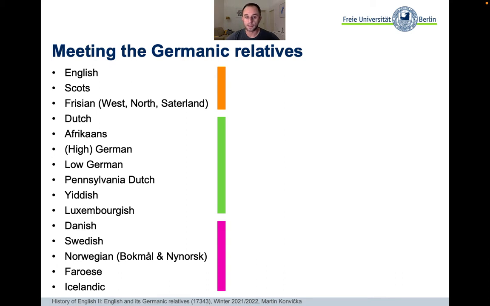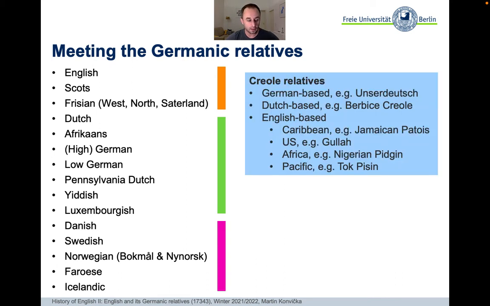Right. Then there are also other languages which are not in this list, and those are Creole languages based on Germanic languages. And when we speak about Germanic languages, we basically mean three in this regard.